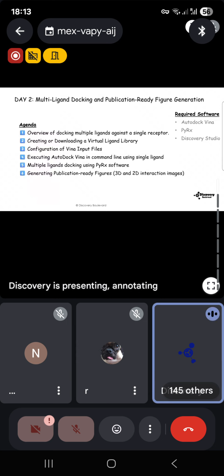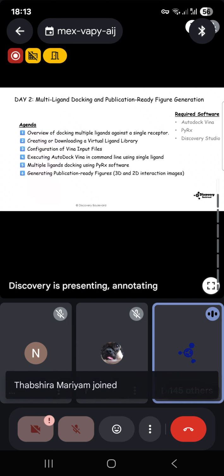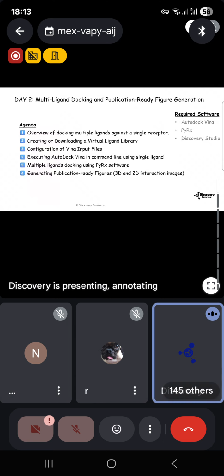Yeah. So you see, whenever we talk about drug discovery, molecular docking obviously comes under the drug discovery pipeline.